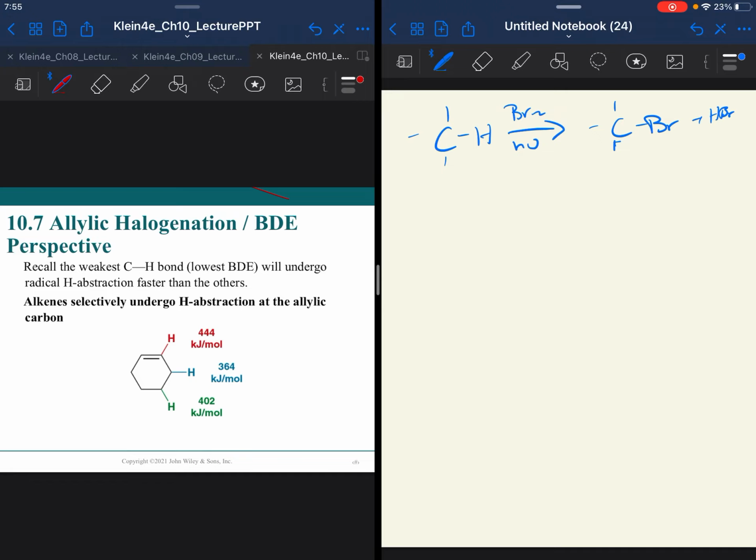This can create a problem. When we look at starting materials that have other functional groups, there might be competing reactions.